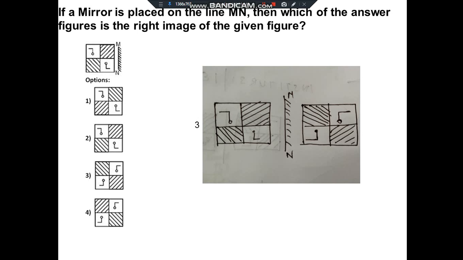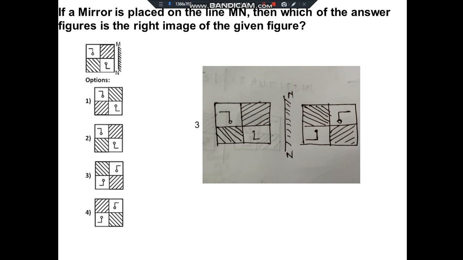See here, a mirror MN is placed on the right of the figure. Before solving the problem, first try neglecting the options, so you end up with the right option easily. In this question, the second and fourth quadrants will be in the first and third quadrants of your mirror image, and the first and third will be in the second and fourth positions of your mirror image.